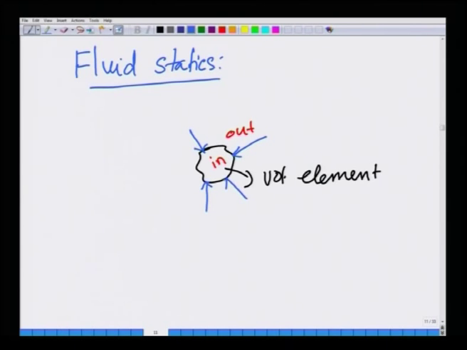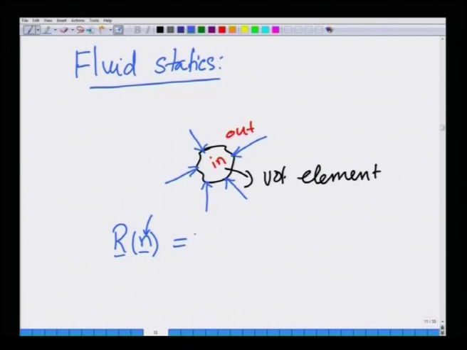The force that is exerted by the fluid that is present outside on the fluid that is present inside is denoted by R, and if you take any particular point on this volume element, this force is a function of the unit normal.